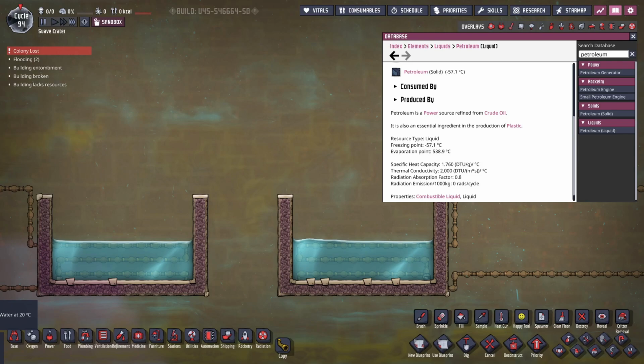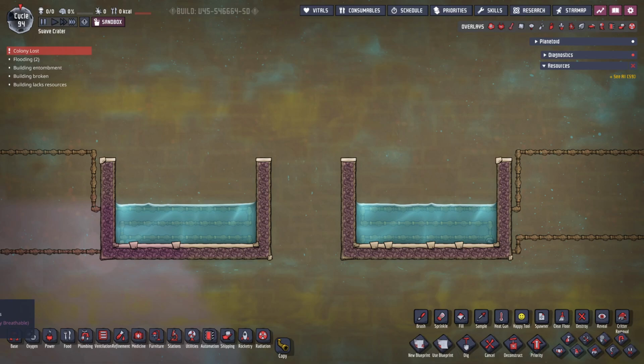So the petroleum should be a better conductor than the polluted water, therefore the heat should change faster, but it should also absorb less energy because the specific heat capacity of the petroleum is lower than that of the polluted water. So let's see that in action.